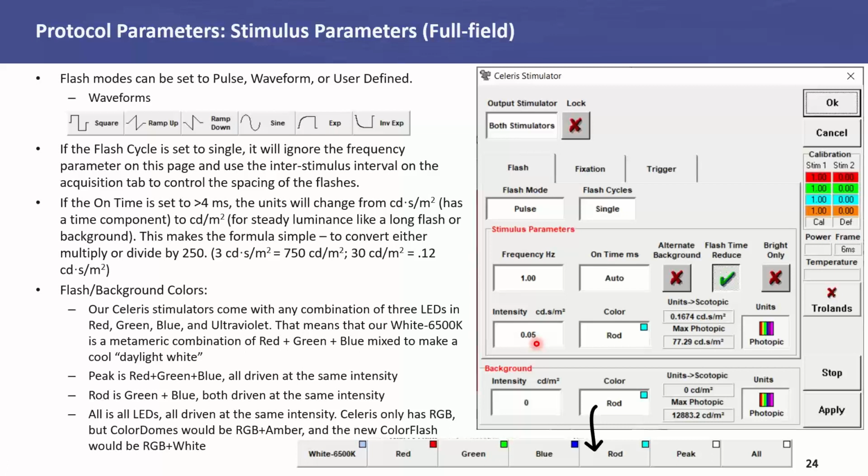And that's not relevant or useful for ultraviolet, which we can't see. So for ultraviolet, we use microwatts per centimeter square. And the numbers here are exactly going to be the same. The units are going to say candelaseconds, but if you're using the color that we've swapped out UV stimulators for UV, then that unit would actually be microwatts. So we've set it up so it's a one-to-one correspondence.